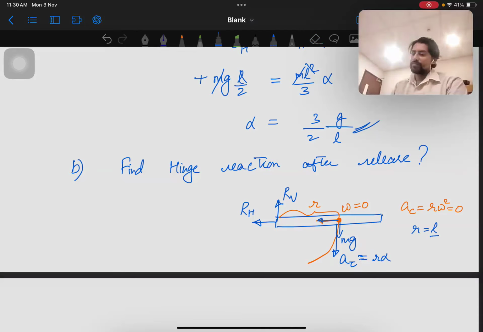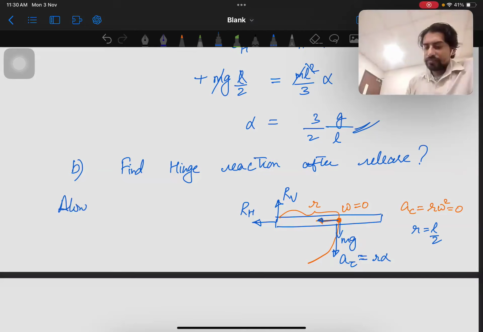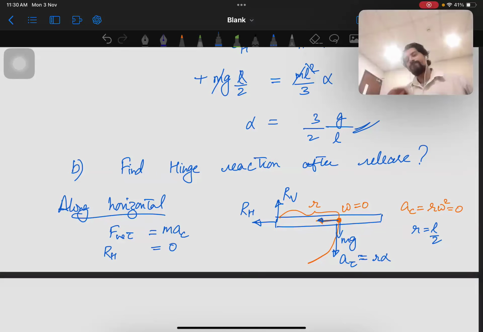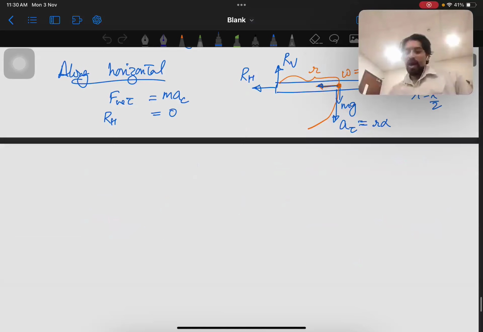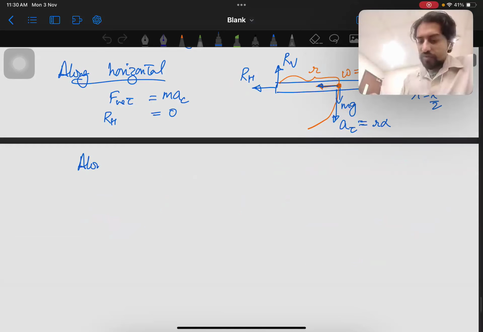And now we are ready to write Newton's law along the horizontal direction. Along the horizontal, F net is equal to M into AC. AC is 0. Therefore, RH is the only force along horizontal. It goes. RH is 0. Now let's go for the vertical.